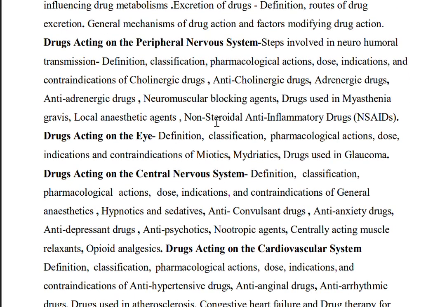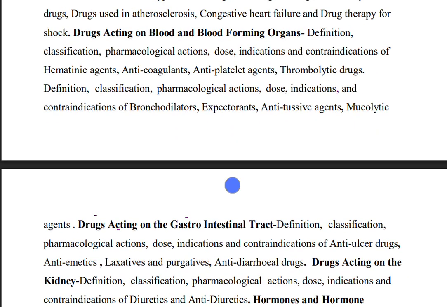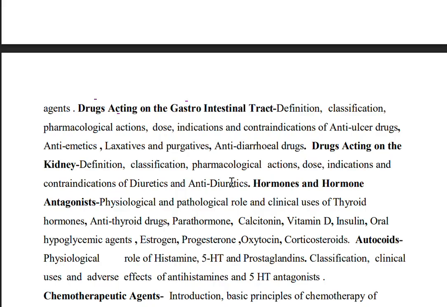We have to focus on all the doses, indications and contraindications. Like that, we have to focus on each and every drug given in the syllabus. Only limited drugs are given in the MRB Pharmacist exam. You can refer to the diploma syllabus or B.Pharm syllabus notes. You can get a clear idea.